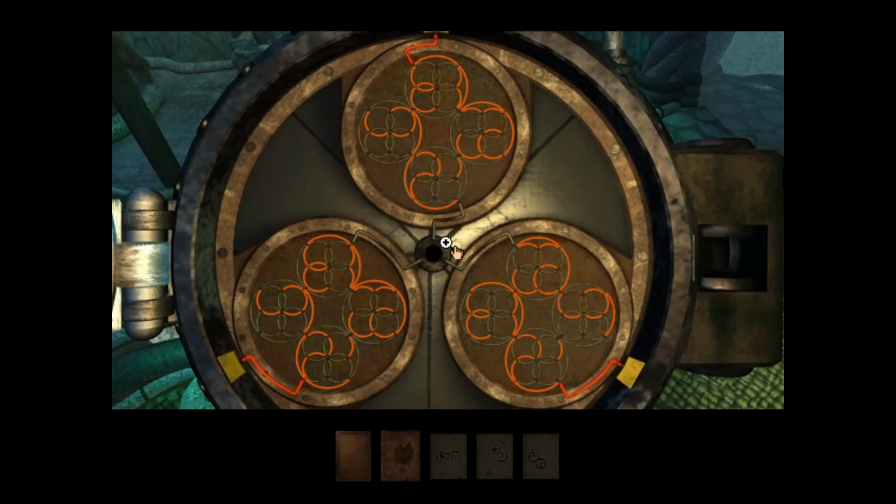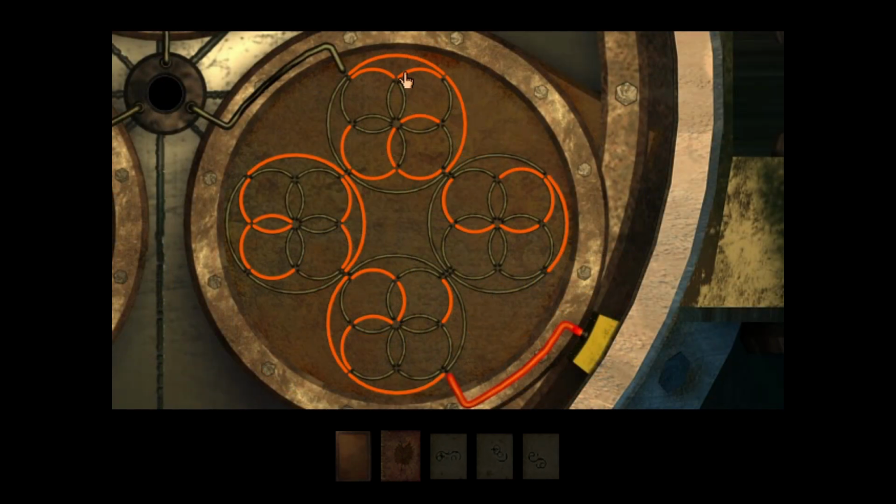Energy powers future motion is not, in fact, doing it. Not up there. So we can try over here.